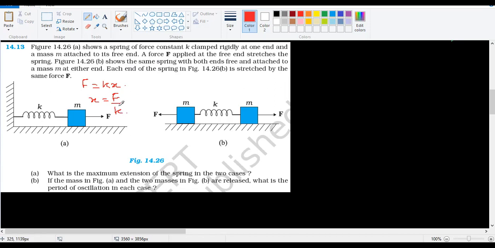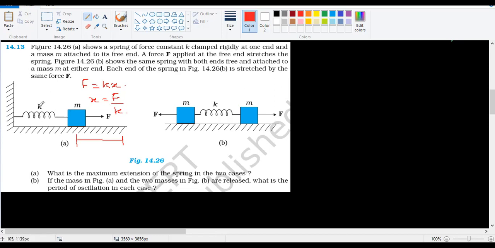What does that mean? If F is fixed, depending upon the spring, right? The spring can be very light, which means if it is very loose, you can have maximum extension. If the spring is very tight, even though you're applying a lot of force, it will not move much. Are you able to imagine what I'm saying? Whether the spring is tight or loose, that is what the K tells you.